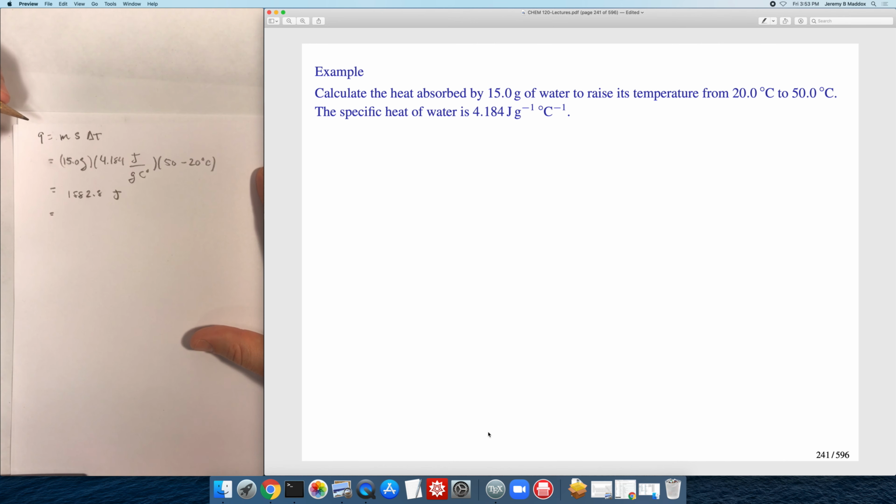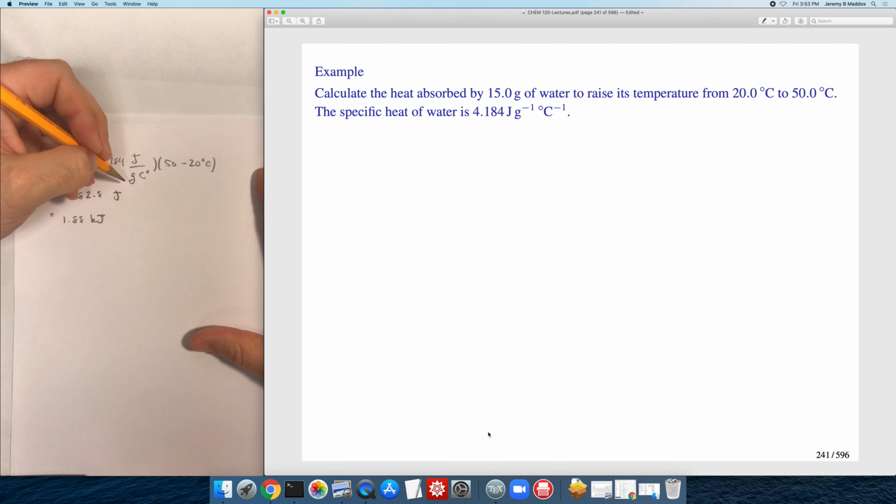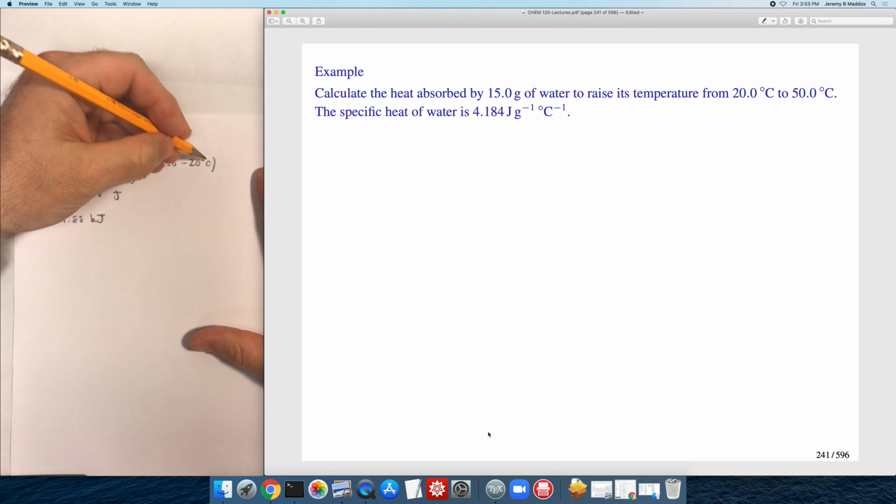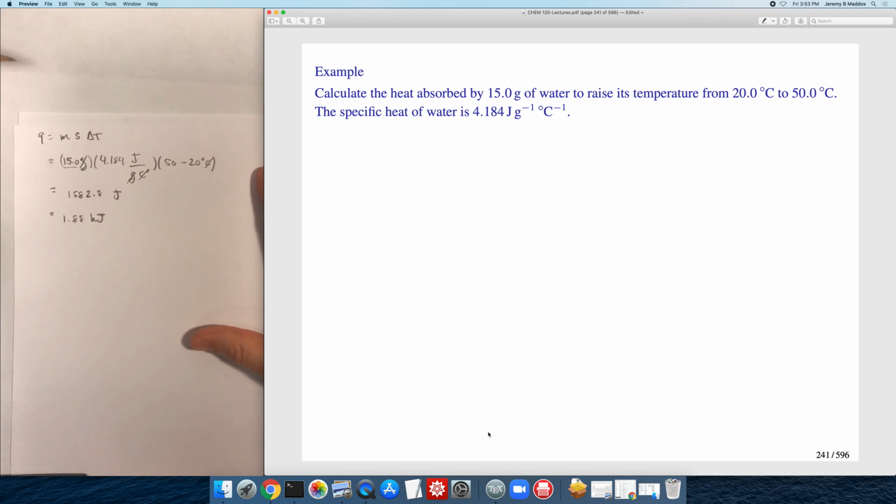And then I'm going to correct for the sig figs. This will be 1.88 kilojoules. It should have 3 sig figs. Notice the units canceled out, the grams cancel, the degrees Celsius cancel, so our answer is in units of joules.